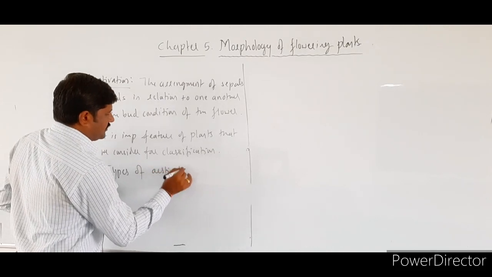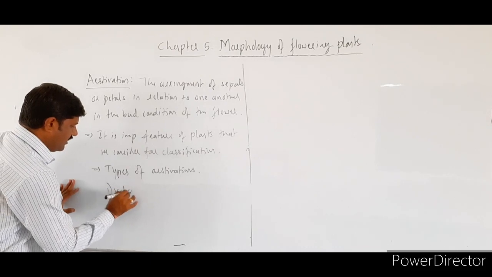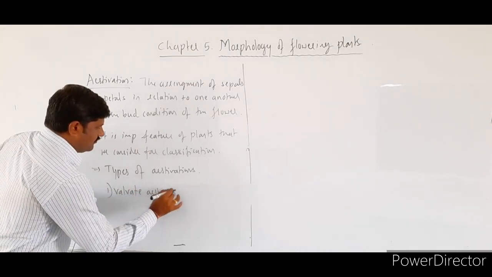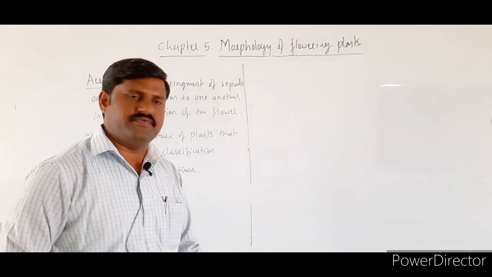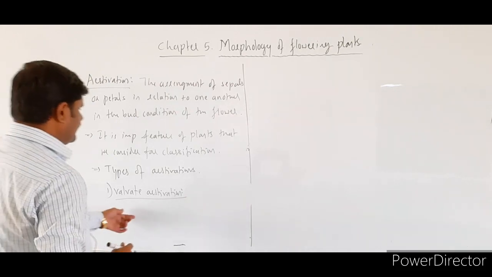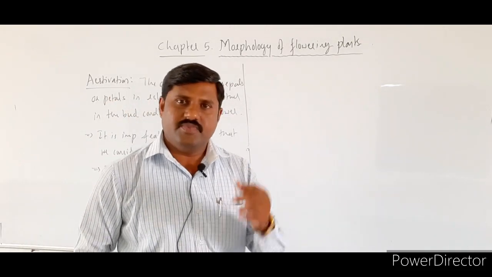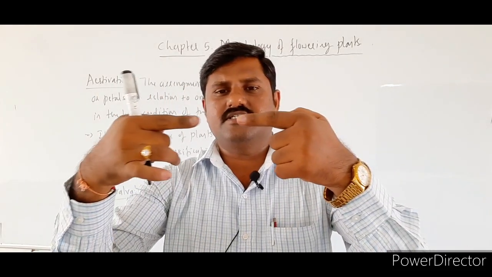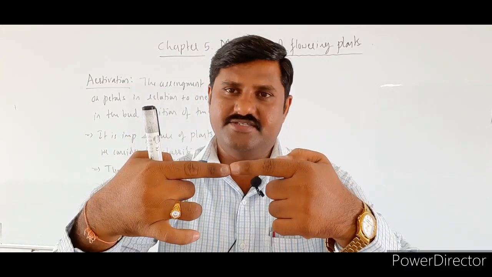Based on that, there are different types of estivations that we come across. First one is valvate estivation. What do you mean by valvate estivation? It is a type of estivation in which both the calyx as well as corolla just touch each other on the sides itself.